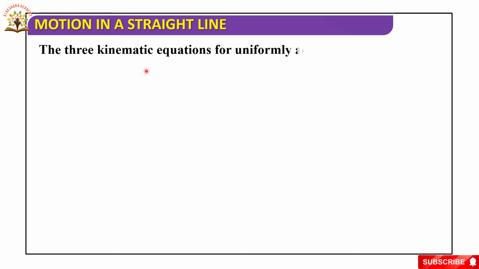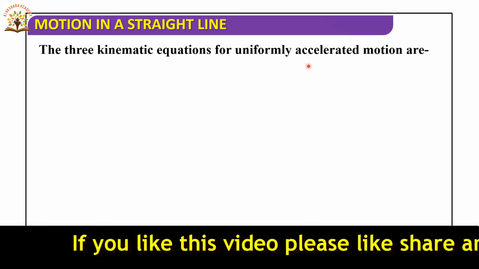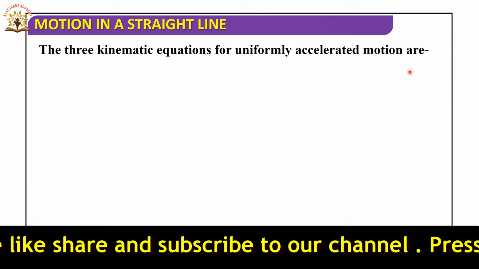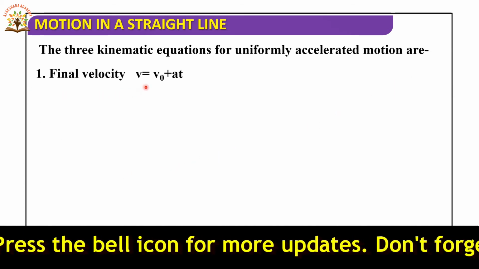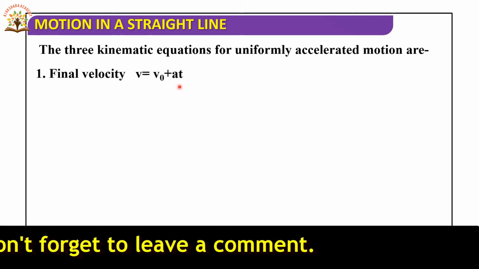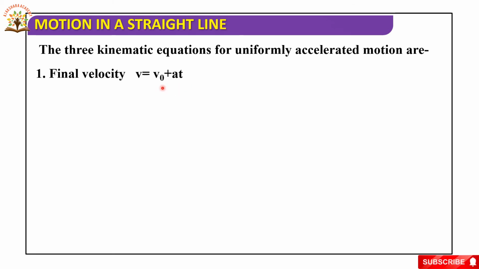The three kinematic equations for uniformly accelerated motion are: first one, final velocity v is equal to v naught plus at. Here v naught is the initial velocity, v is the final velocity, a means acceleration, t means time taken.